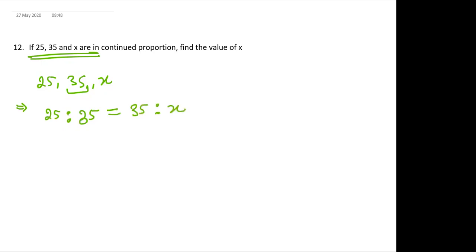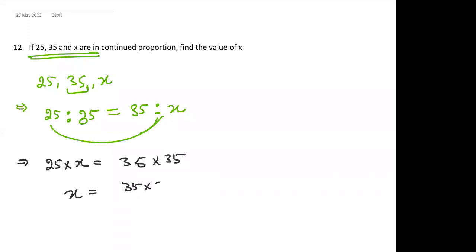So now multiply 25 with x, and 35 should be multiplied with 35. So x is equal to 35 into 35 upon 25. Now solve it and tell me the answer.